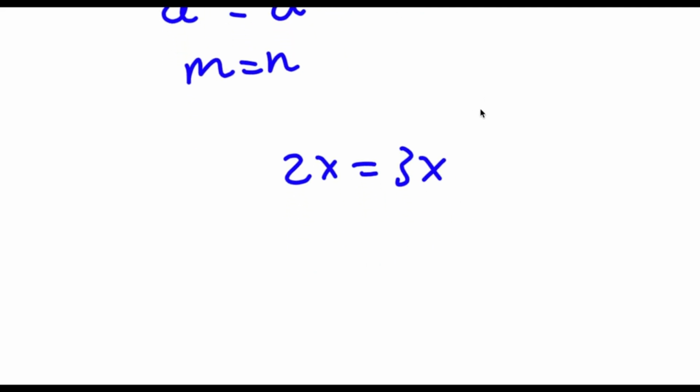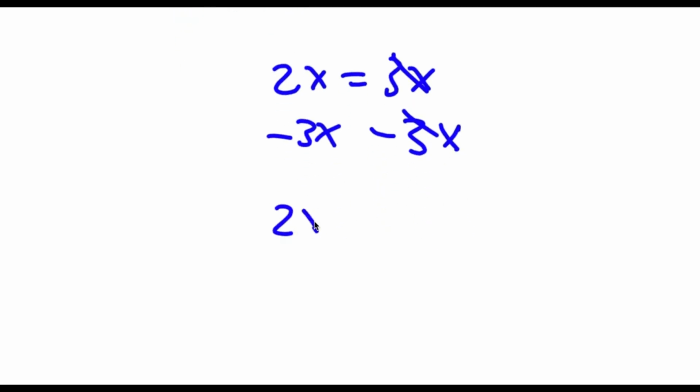Now, to solve this, I'm first going to subtract 3x from both sides. So then these two cancel out, and now I'm left with 2x minus 3x is equal to 0.